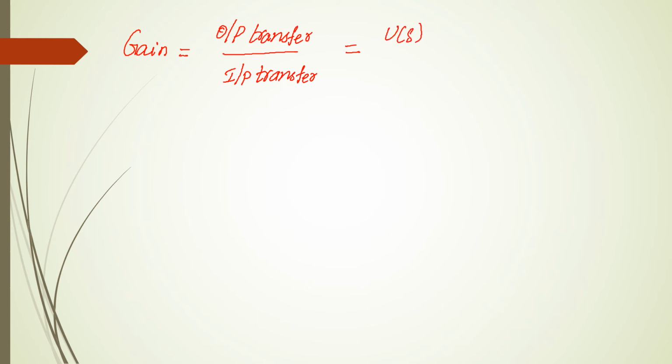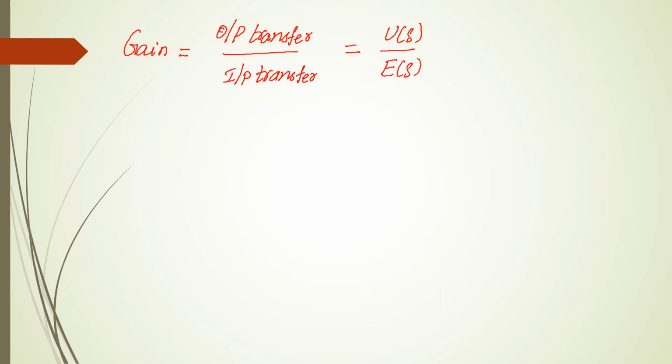Now, we are supposed to find the gain of the system. The gain of the system can be calculated by using the output transfer divided by the input transfer. So you can write this as U(s), which is your output transfer, and the input, or the error transfer, is E(s).